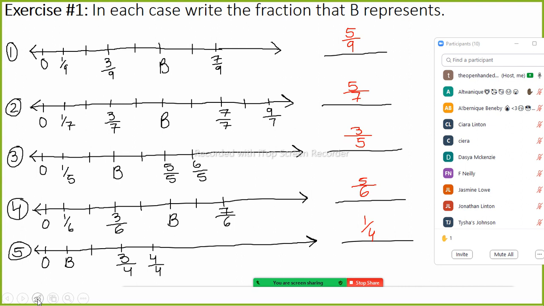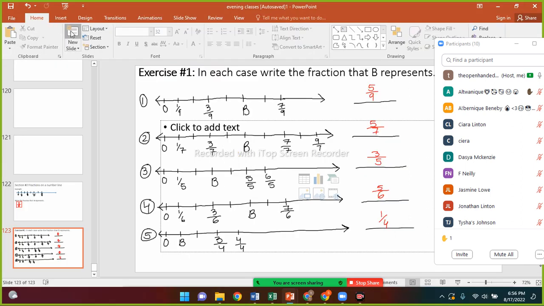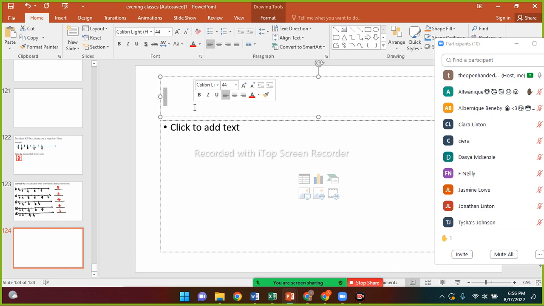So okay, this one is section 3. Section number 3, and here we're going to be looking at cross multiplying.